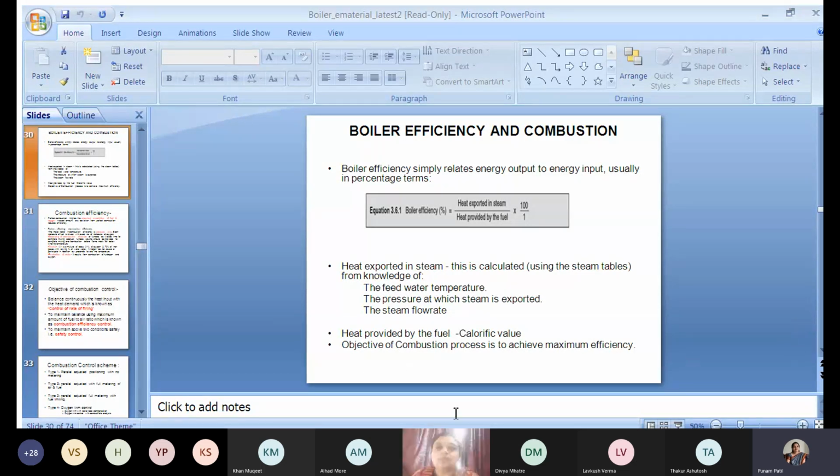Objective of the combustion process is to achieve maximum efficiency. In simple words, हमें combustion control करना है, हमें maximum efficiency using combustion process वो achieve करना है. So combustion efficiency depends on which factor?